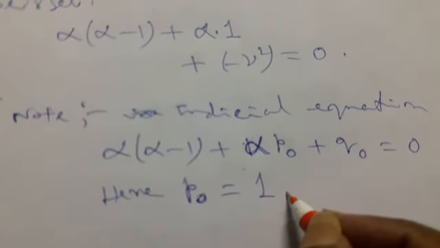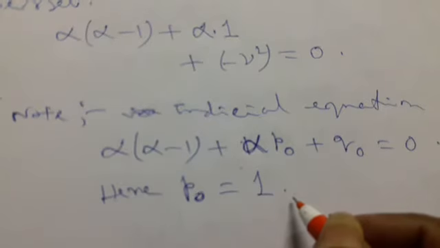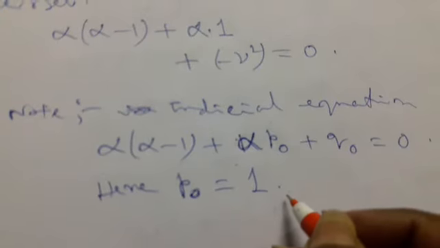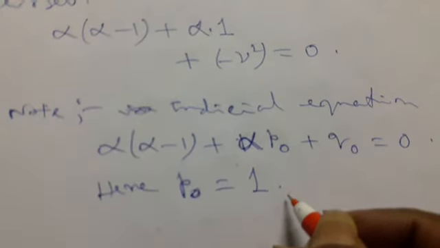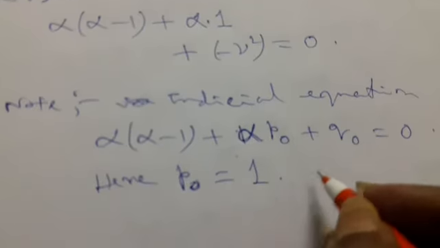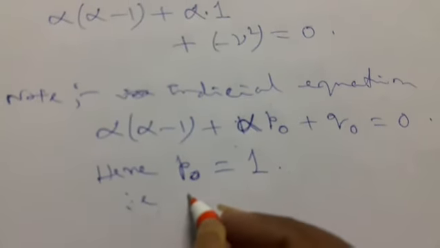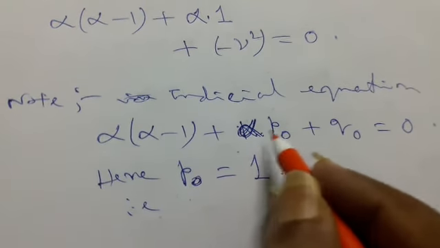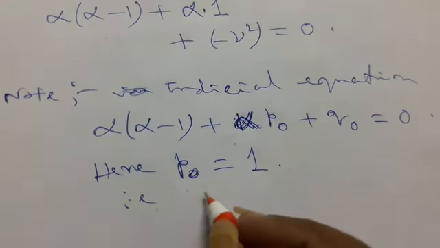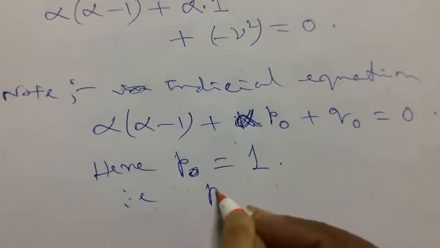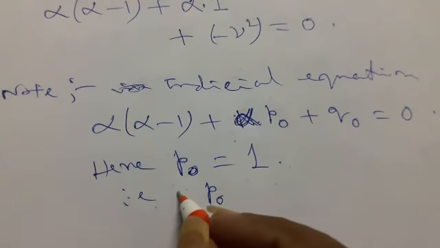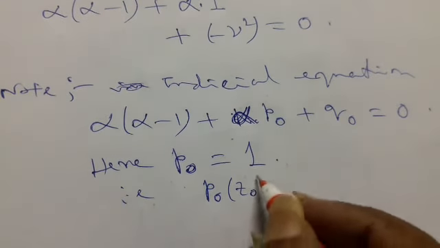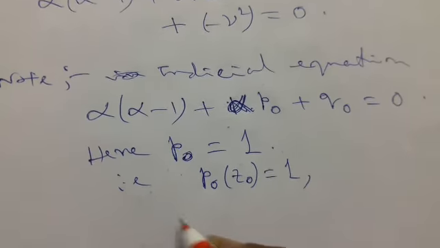And if we find z p(z), an analytic function, at z equals to 0, that is p0 at z equals to 0, it is already put as 1.